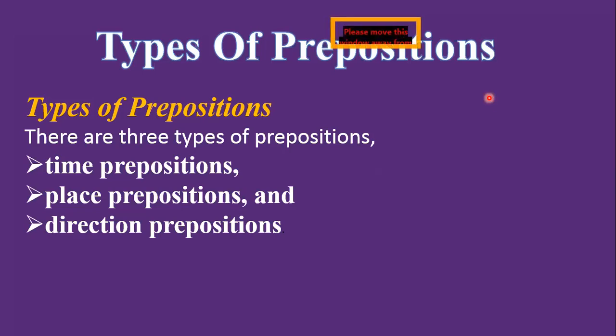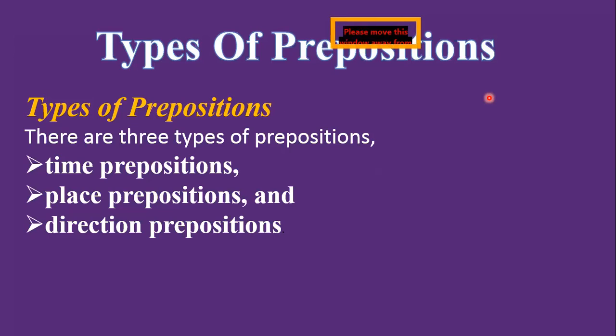We have to make sure whether we are using the preposition to tell the time of something or an event, or when something happened, or to tell the place, that is, the position of something with respect to another, or to tell the direction, that means where something is, or how I can get to something. So there are time, place, and direction prepositions.